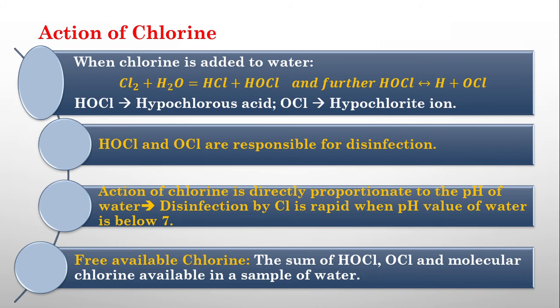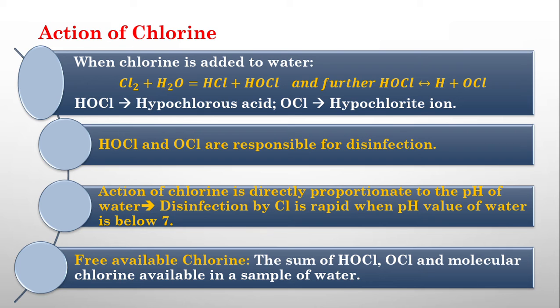Now we will move on to the action of chlorine. When we are applying chlorine to water, what are the actions or reactions occurring in water? So first, you all know that chlorine is Cl2. When Cl2 is applied into water, Cl2 plus water will give HCl plus HOCl, where HCl is hydrochloric acid and HOCl is hypochlorous acid.